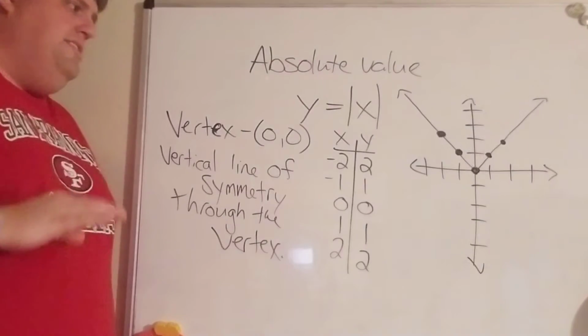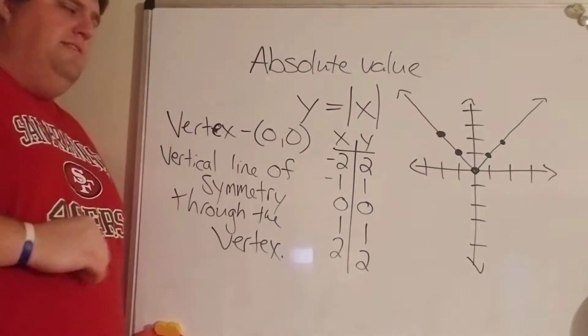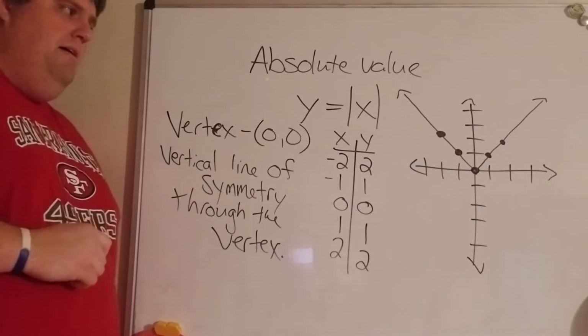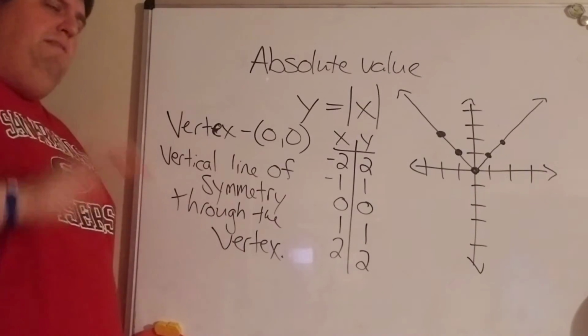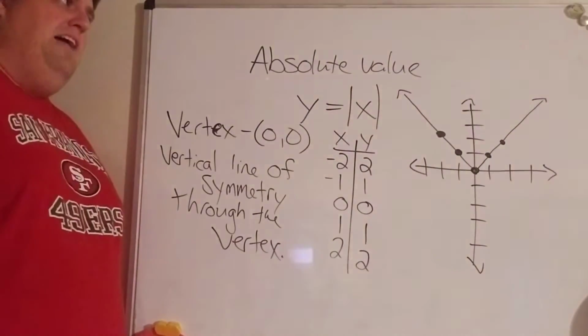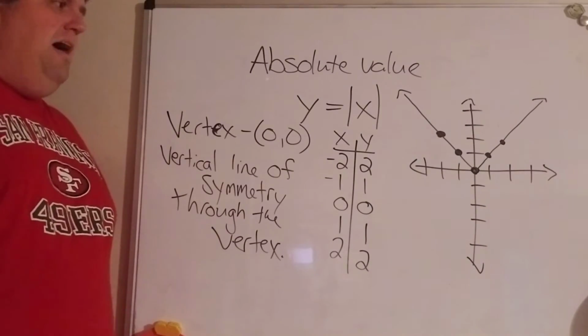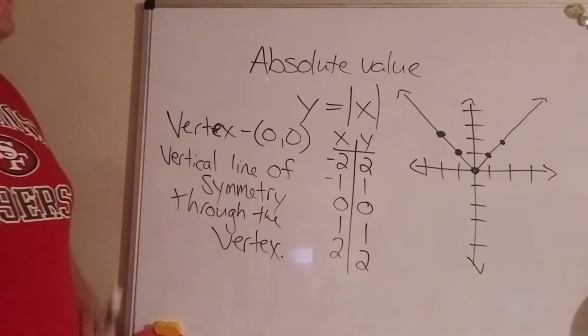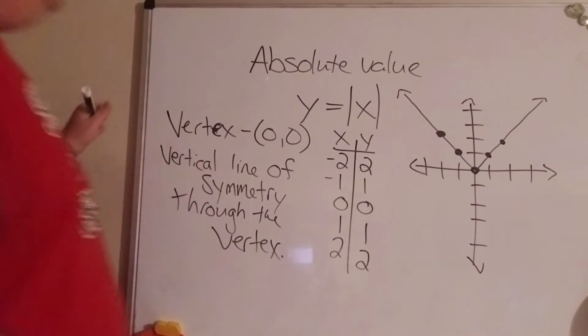So the vertex is a really important point for us. All right. We're going to deal with very easy ones today, and not worry about it. But I just wanted you to get this idea of the vertex.